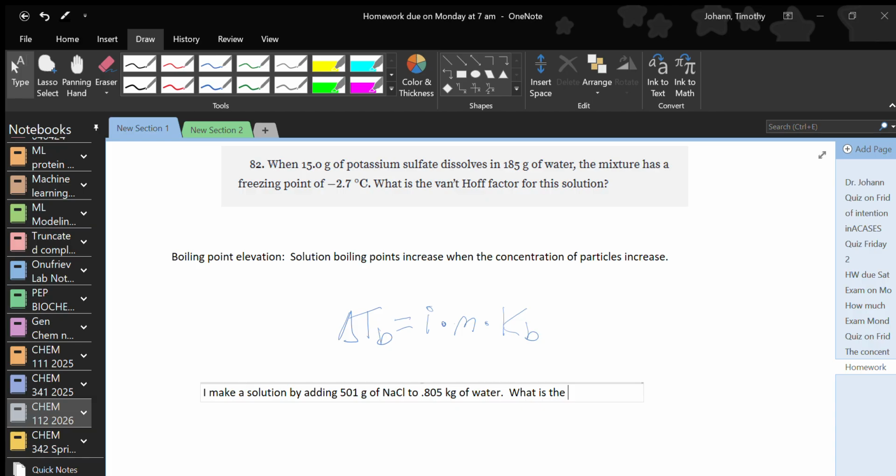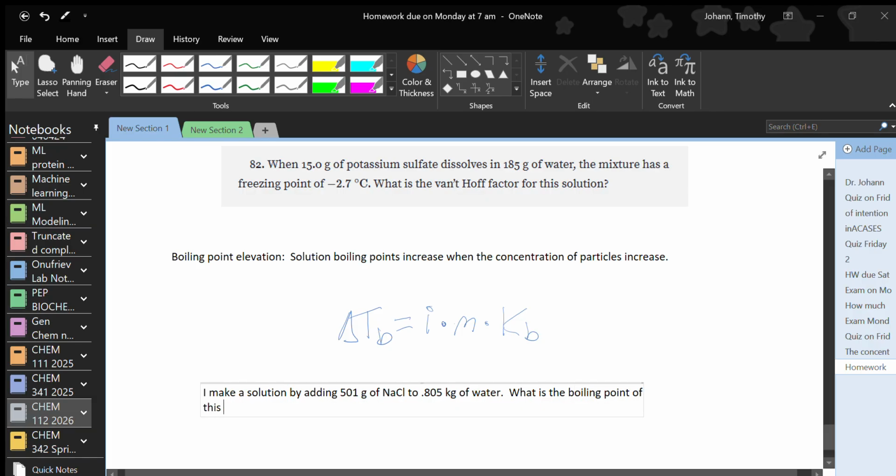What is the boiling point of this solution? Okay, so that's a lot of sodium chloride. Maybe about that much, fist size, not handful, fist size.